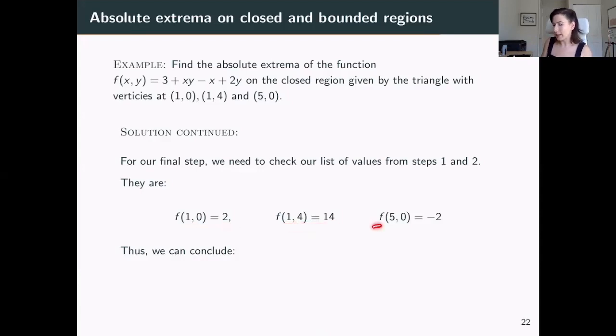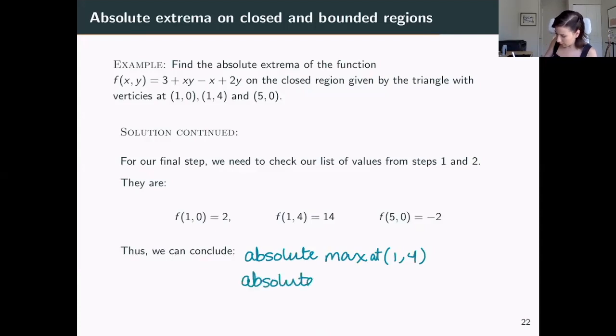And when we plug in the endpoint of 5, 0, we get -2. So we can conclude from this information that we have an absolute max at the point 1, 4, and an absolute min at the point 5, 0.